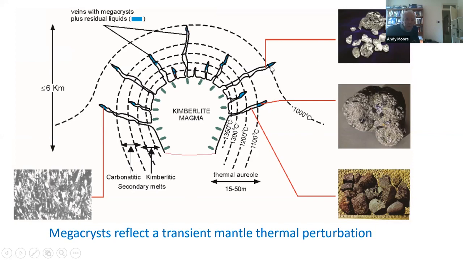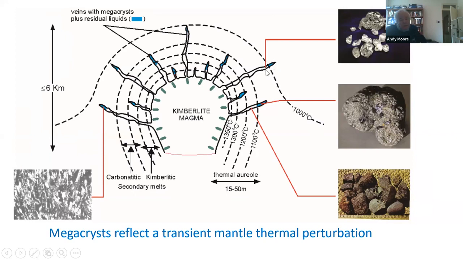Now, what we further propose is, at the time of crystallization, you'd probably have got fracturing of the mantle surrounding this magma body, and this would result in volatile loss from these residual magmas.